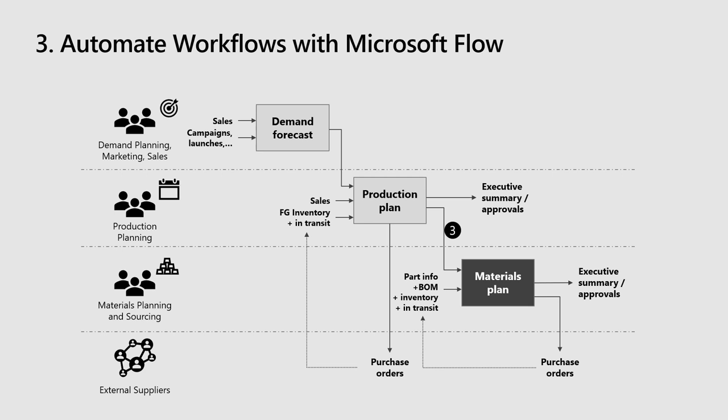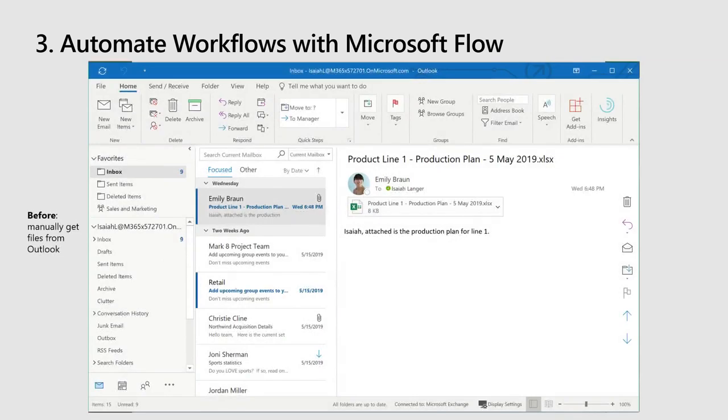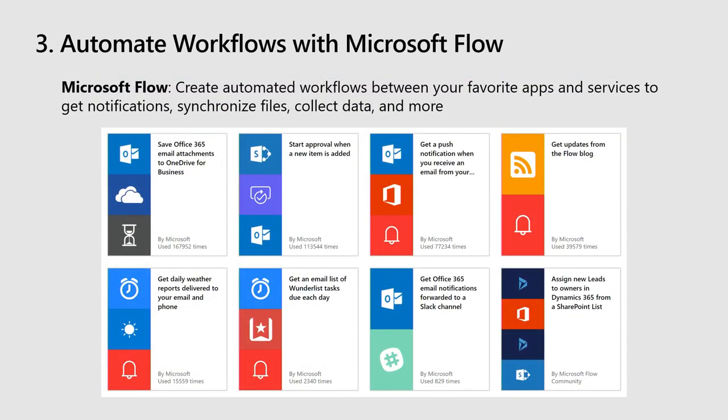The next step, which helped reduce a lot more time, was Flow. So instead of using workflows where you have an email coming, a Teams message here, I updated this data, and so on, I was leveraging Flow, which basically allows you to create automated workflows between your favorite apps and services, and you can get notifications, synchronize files, and create a bunch of actions whenever any of those triggers happen.